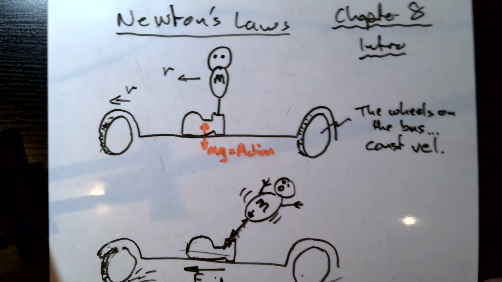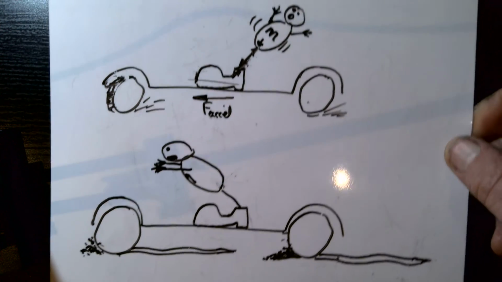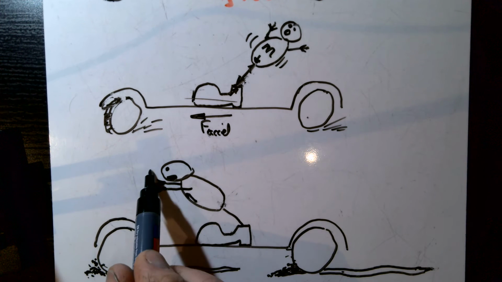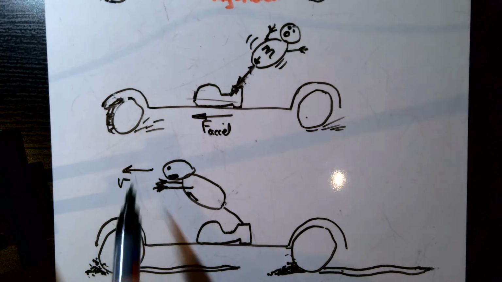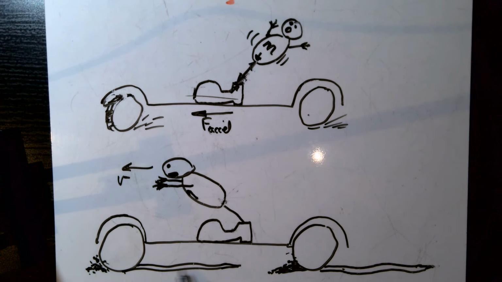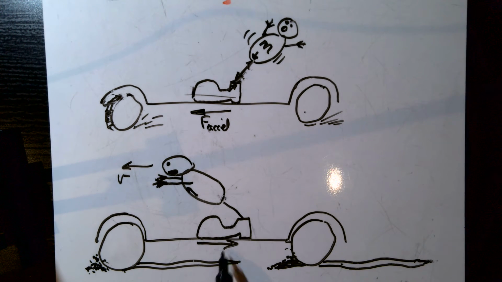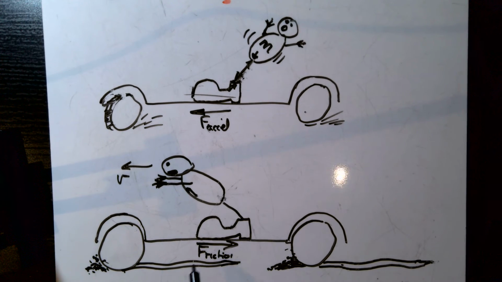If you then slow down, well, you get the reverse of speeding up. Your body is still trying to carry on at velocity v, but as this skids to a halt here, your feet, okay, you're trying to move forward. It's the friction, again, that's stopping you whizzing through the window of the bus.